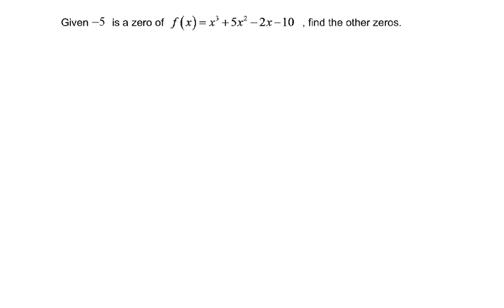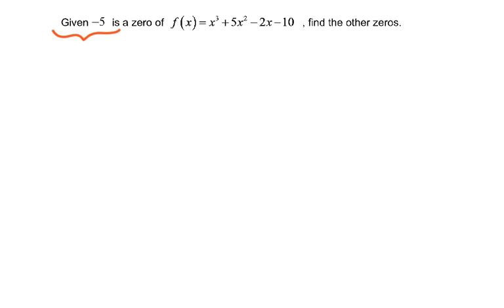This problem requires a lot of synthesis and pulling other pieces of what we've learned together. So one thing that we learned in our previous section is that you can use synthetic division to factor. And when I want to find the zeros of something, I want to factor it.